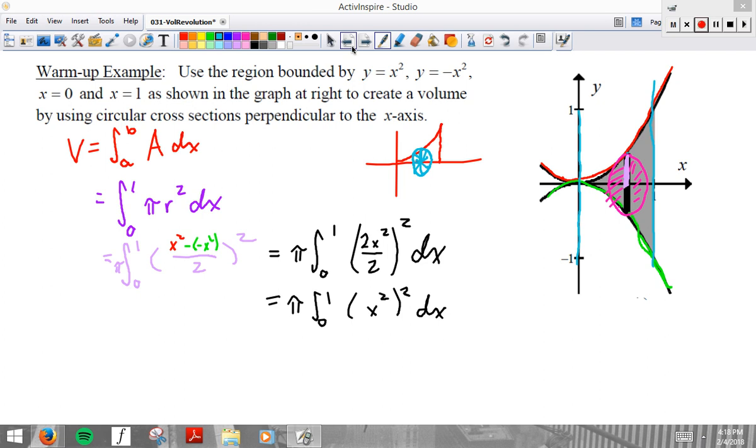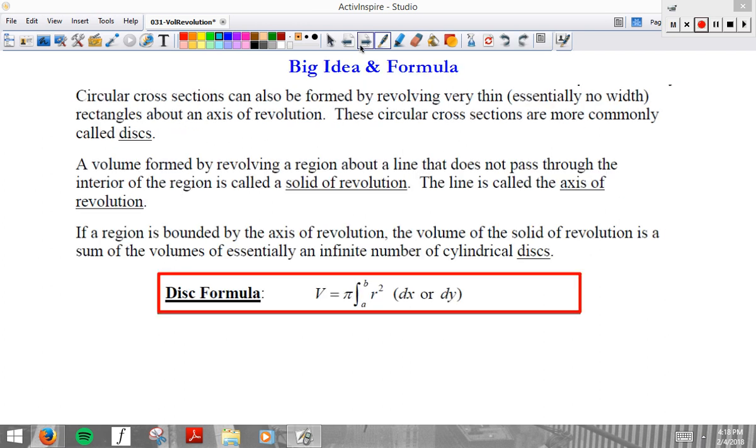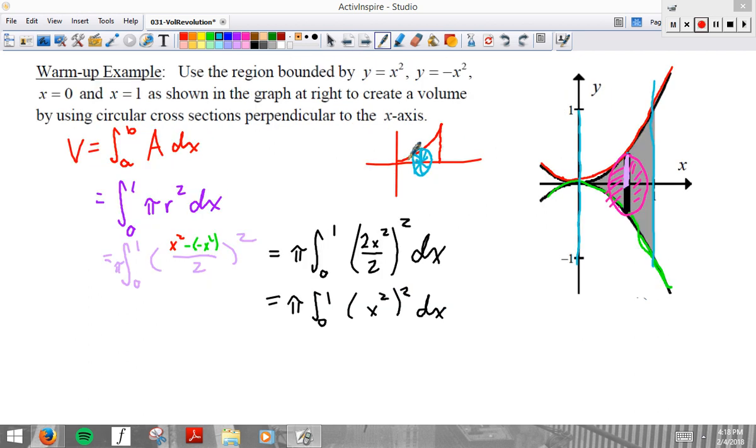And that's the key to what we'll call the disc method or the disc formula. So the top paragraph is summarizing what I just said. Circular cross-sections can also be formed by revolving very thin rectangles about an axis of revolution. So in the example we just did, I would call that x-axis the axis of revolution.